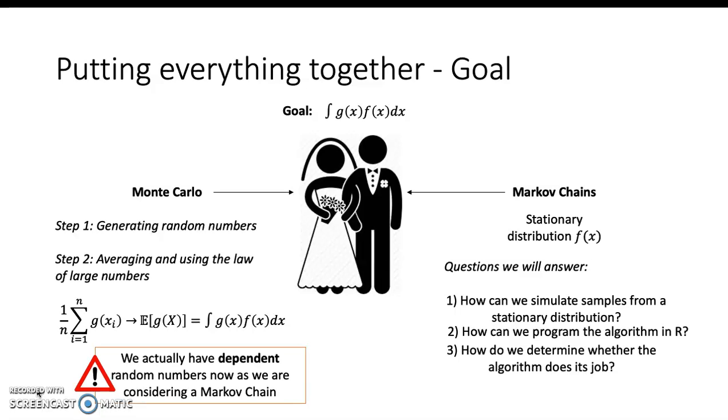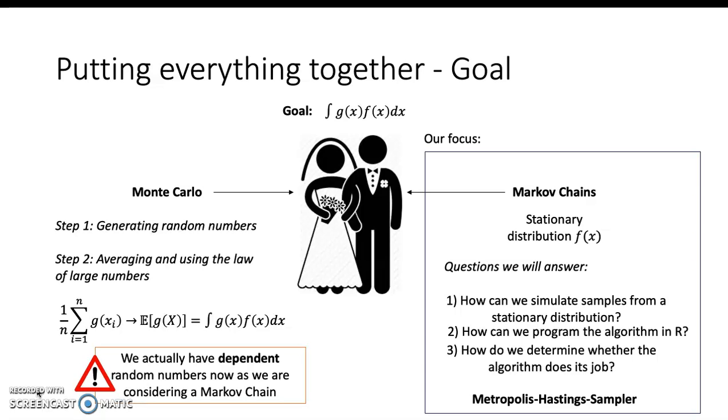And thirdly, how do we determine whether the algorithm does its job or not? We will do this with a so-called Metropolis-Hastings sampler. There's more than just the Metropolis-Hastings sampler to generate something from the stationary distribution, but this is what we will focus on today. So, see you in the next video then.